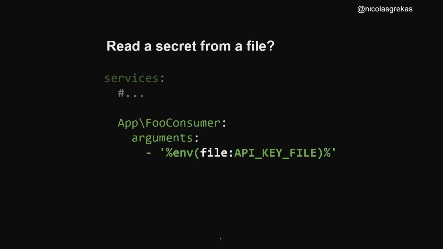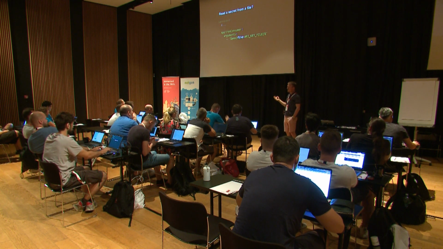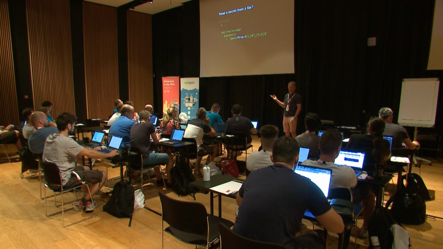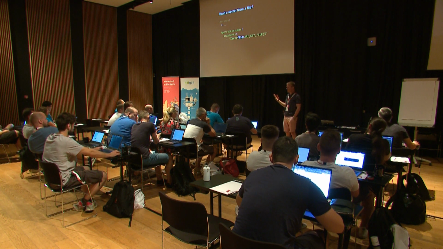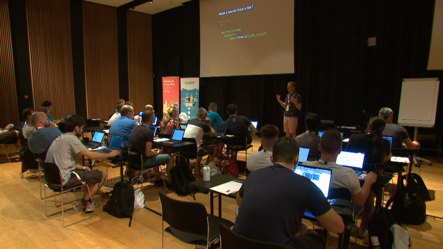The title gives the most common use case for that, which is secrets. Putting secrets in real environment variables is considered not the best practice, because in real environment variables, they can leak. If there is a misconfigured server, like a server that has a PHP info page, you know, that happens.